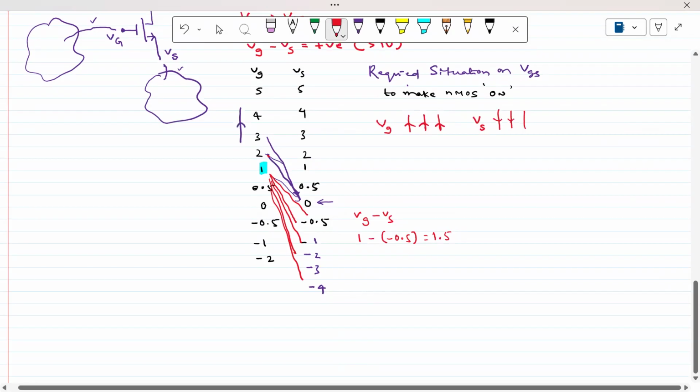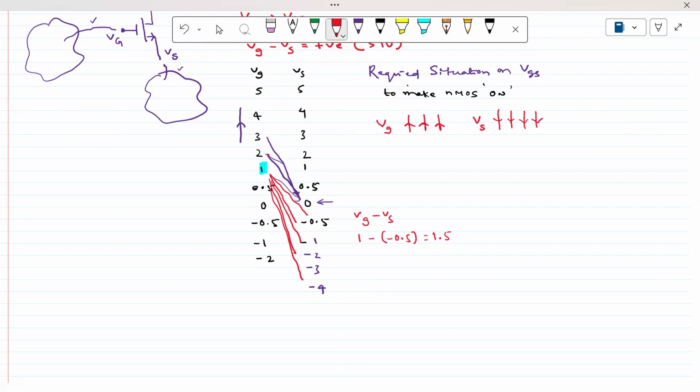It should be more negative. As long as VS is more negative, as long as VG is more positive, then definitely the transistor becomes on. Is that point clear? Okay, so that is the requirement of the VGS for the transistor to be on.